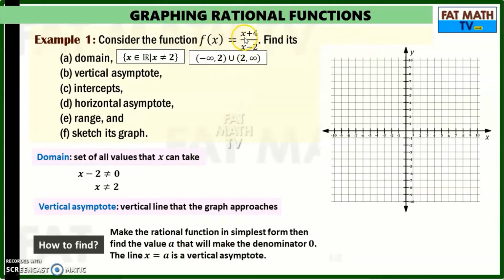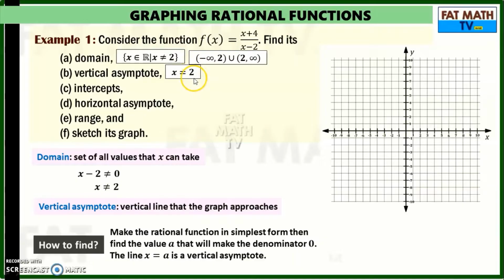So in this case, the given here is x plus 4 over x minus 2. That is already in simplest form. So we will just find the value that will make the denominator 0. So we found it in the domain here. So x is 2. So 2 will make the denominator 0. So the line x equals 2 is the vertical asymptote.